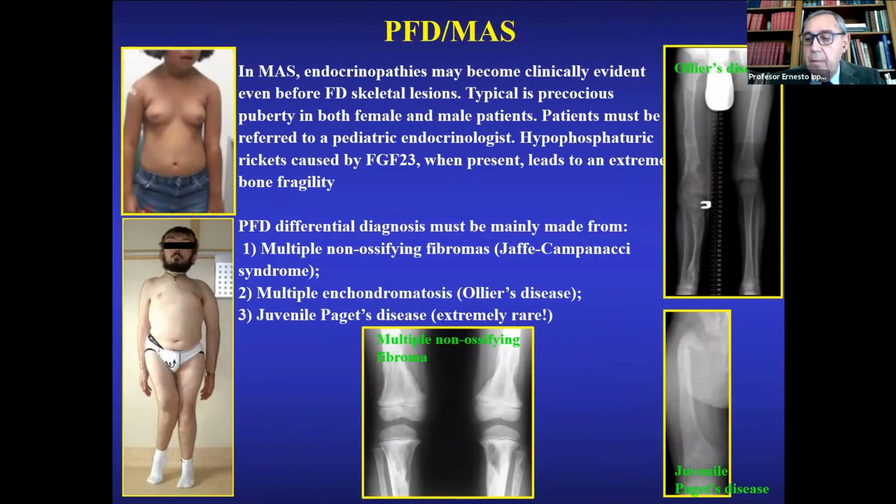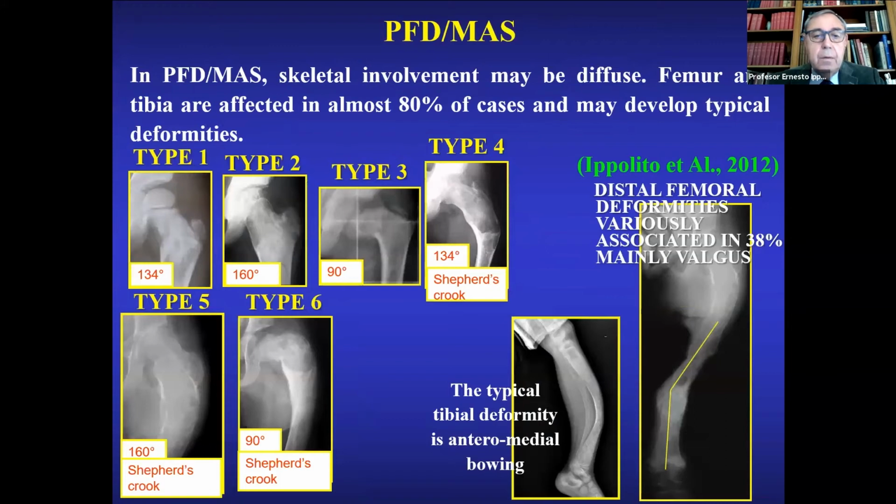PFD differential diagnosis must be mainly made from multiple non-ossifying fibromas, multiple enchondromatosis, and juvenile Paget's disease. In PFD McCune-Albright syndrome, skeletal involvement may be diffuse. Femur and tibia are affected in almost 80% of cases, and they may develop typical deformities.